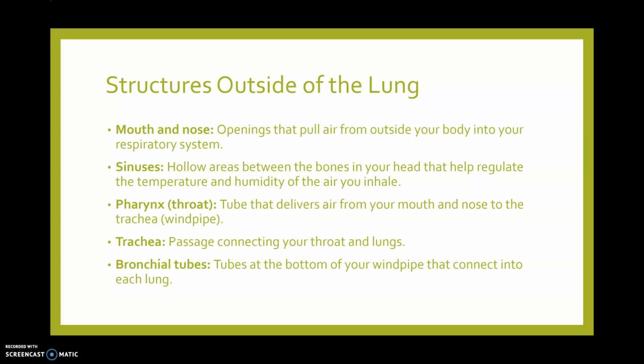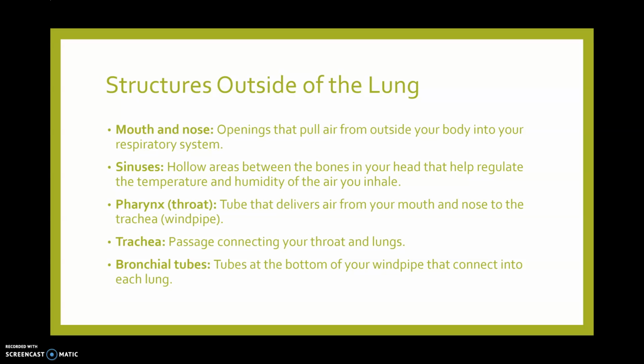So let's talk about some of these structures that take part within the respiratory system. First we're going to start with the structures that are outside of the lung. This is going to include our mouth and our nose. These are openings that pull air from the outside of your body to the respiratory system.